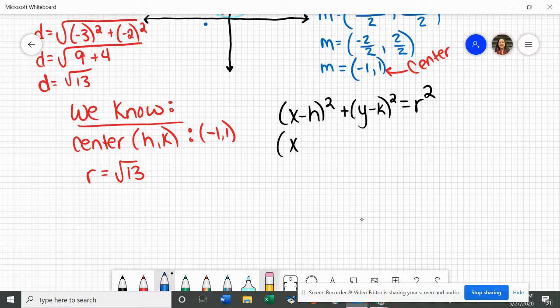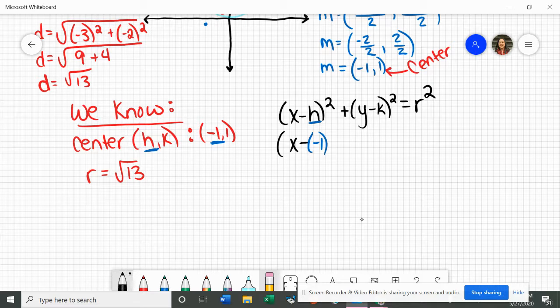My h here is actually a -1. And there are two different ways I could do this, but I'm going to say x minus my h, which is -1.